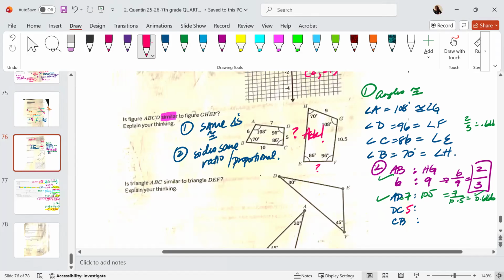I think she wants us to figure it out ourselves. You can't find that one. There's no way you can find it.